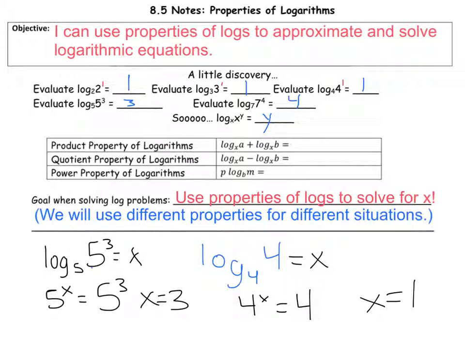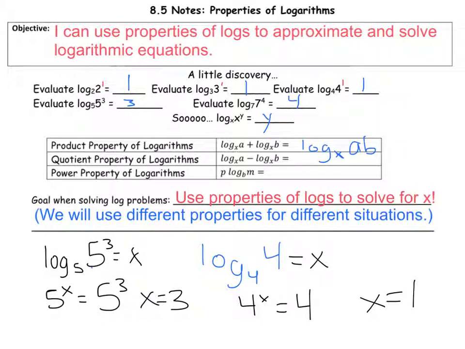So if I wanted to write this as one log, which you will have to do sometimes, you would write log x of a times b. We can combine those since they have that same small number and write it as log x of a times b.